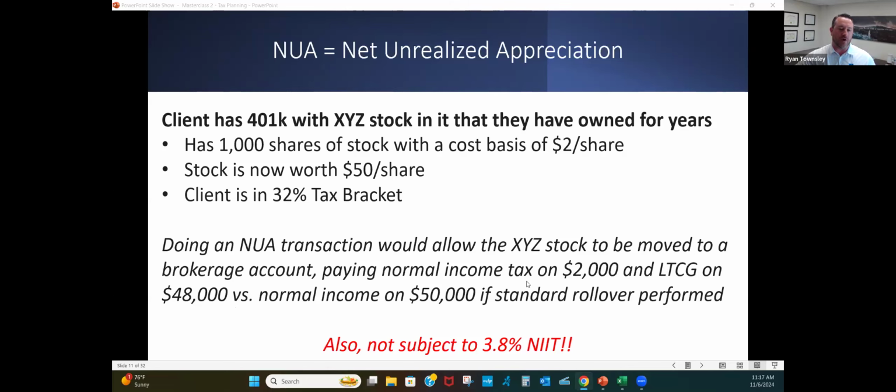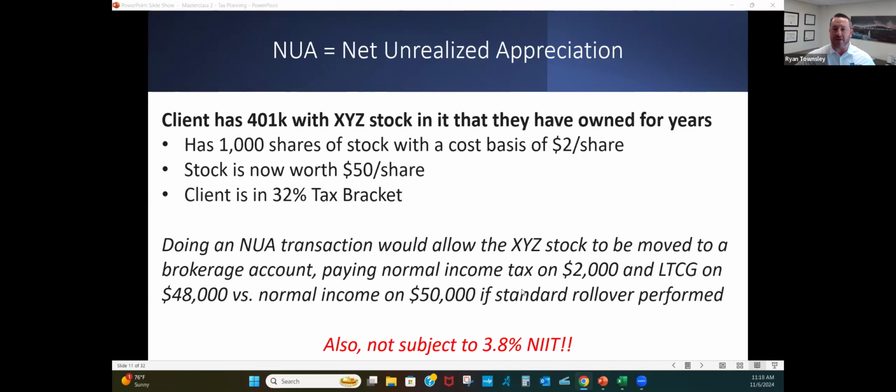So again, don't memorize all the code that tells you about NUA. I would say if you hear a client say, or if you see that they have employer stock in their 401k or their employer plan, say, hey, we need to do a net unrealized appreciation analysis of this.